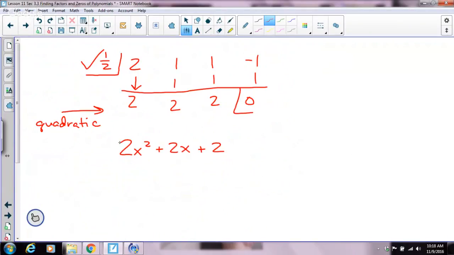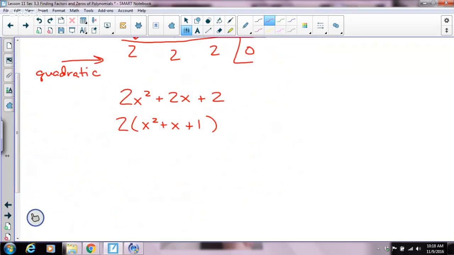Okay? Then what? Factor out a GCF. So it's 2 times quantity x squared plus x plus 1. Now, can you factor that? No. If this is a plus, it tells me they're either both positive or both negative, right?